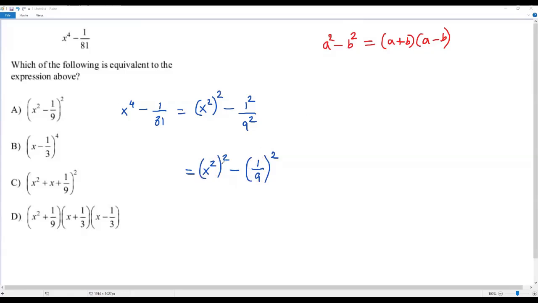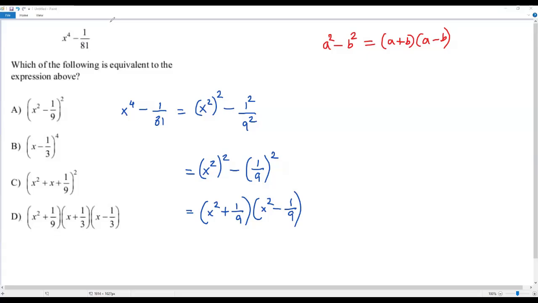So we have to be very careful with the first one over here. Here we have square, here we have square. At the place of a, we have x square. So to write this expression in factored form, I have to use a positive b times a negative b. Here at the place of a, I write x square, and at the place of b, I write 1 over 9. Let me do it. X square positive 1 over 9 times x square negative 1 over 9.